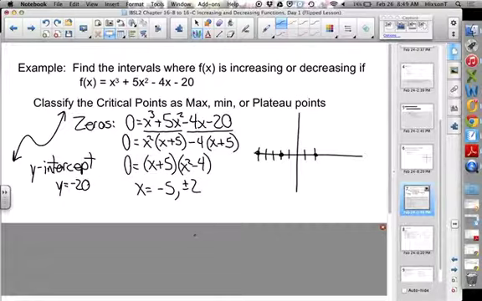So using the general trend, I know I was going up to this 0, and I would go up after here. I know that my y-intercept was down here at negative 20, but I don't know if that was actually the min point, but it's probably kind of close to the min point. So we just kind of would eyeball the rest of it, and go like that. So that's going to be generally what our function looks like.